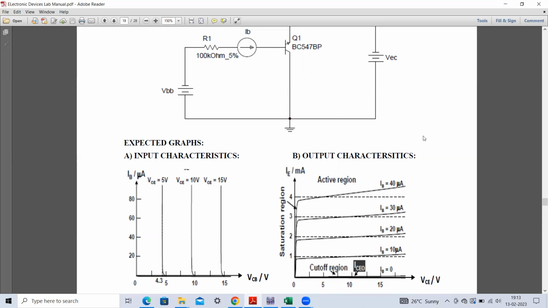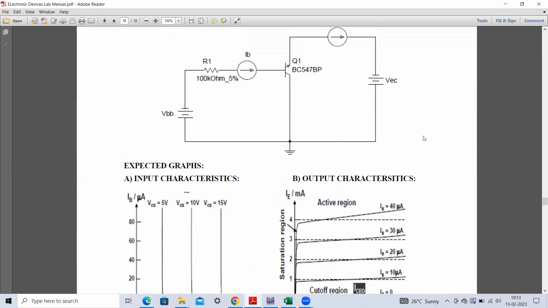Similarly, to obtain the output characteristics of this common collector configuration, you again see we have to vary this particular potential. We have to vary this emitter to collector potential, and then we have to measure what will be the emitter current, and what will be the potential across these two terminals.